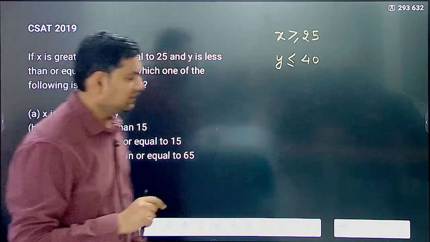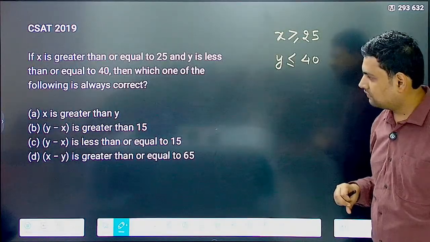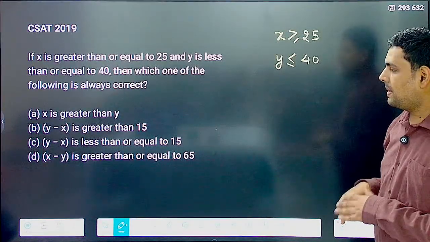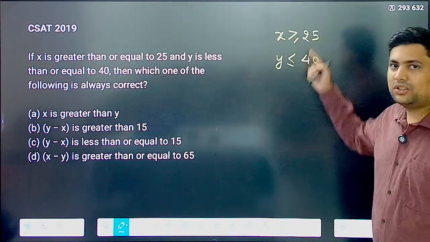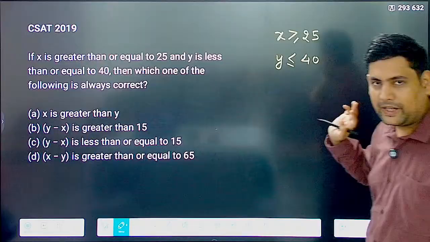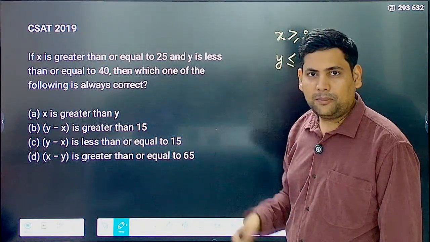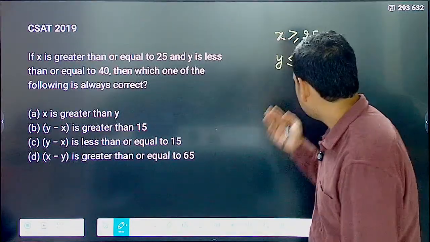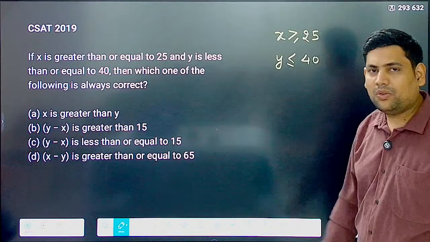What do you think? First thing, this will not tell you anything. You want them to be on the same side of the inequality, then only I can add, subtract or do anything.